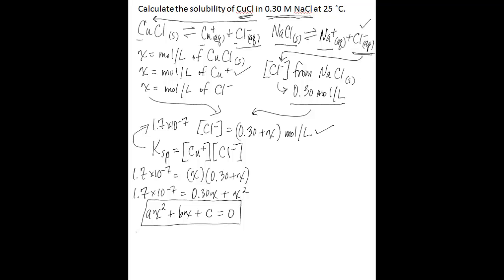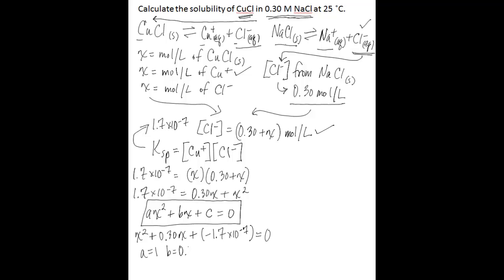And when you do that, you get x squared plus 0.30x plus a negative 1.7 times 10 to the negative 7, because we've subtracted that from both sides of the equation, is equal to 0.